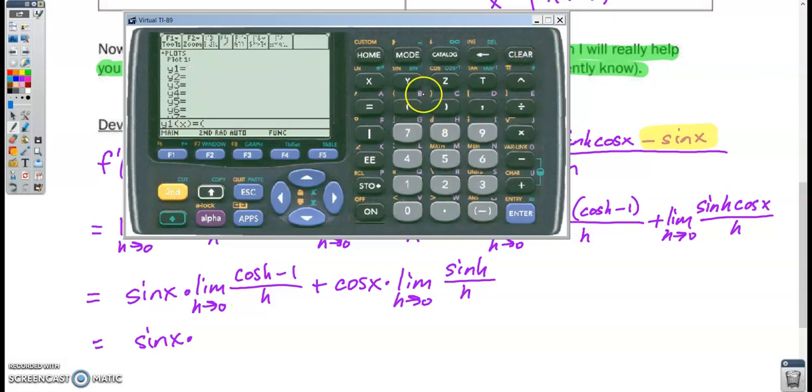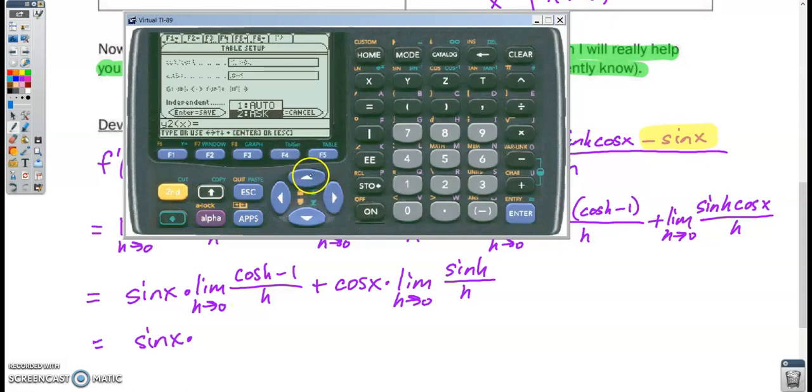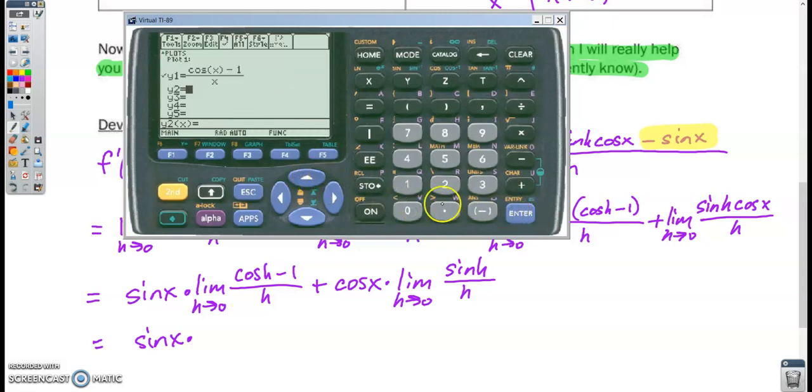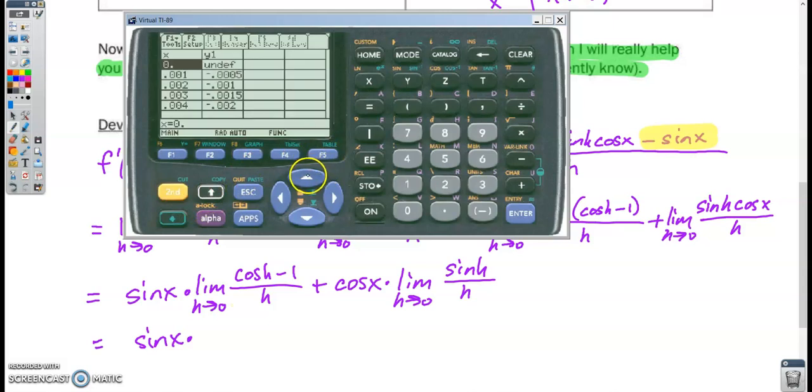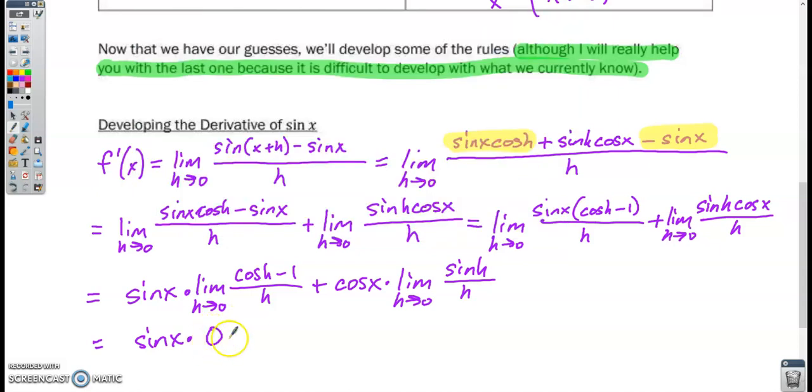So we're going to put in cosine of x minus 1 all over x, and we'll build a table around 0. And we look at that table, and it looks like as we approach 0 from both sides, that's approaching 0.